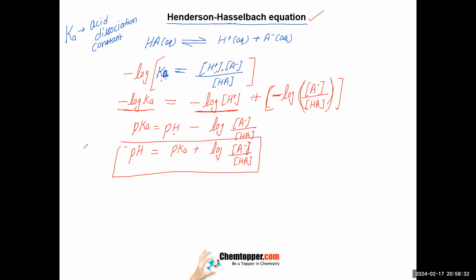This equation I'm going to use on a buffer, not on a normal acid and base. We use it on the buffer. So this is the pH of the buffer. If K is given, you can calculate pK. What is A minus, children?